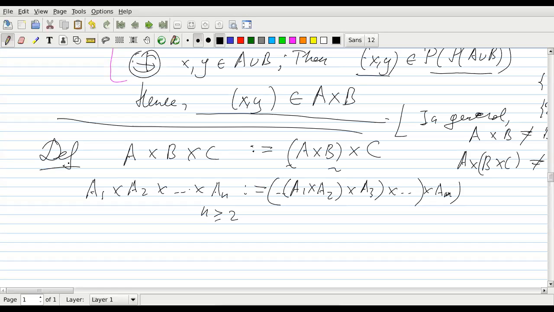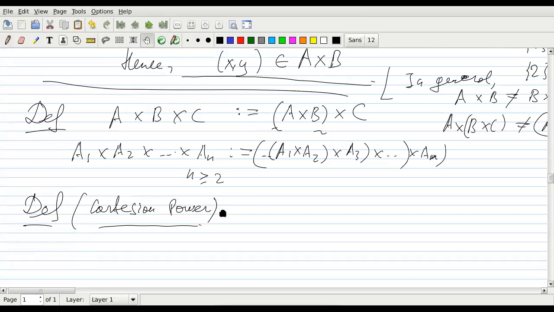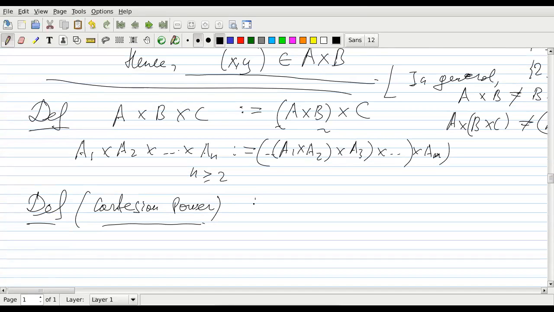Okay. And this allows me to make the last step, namely to introduce the so-called Cartesian power. I want to say that A to the power 0 equals what? By the way, a natural number to the power 0 equals? 1. Of course.